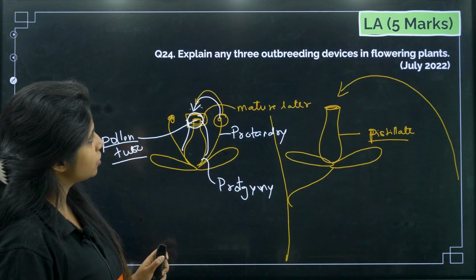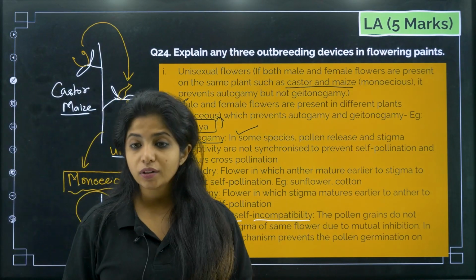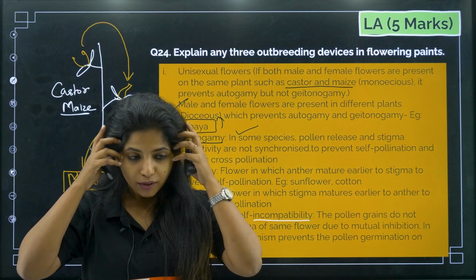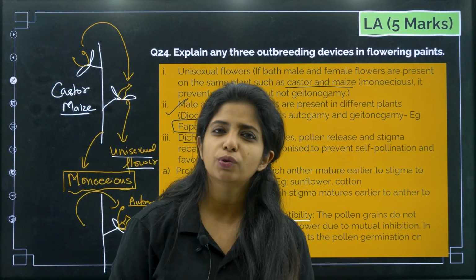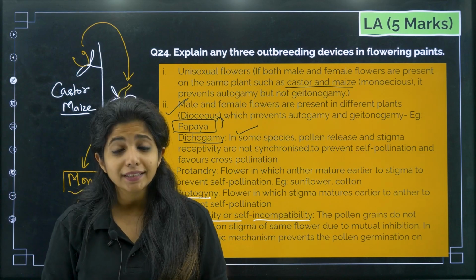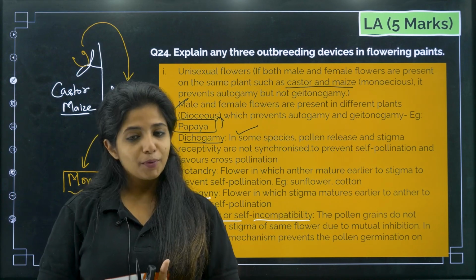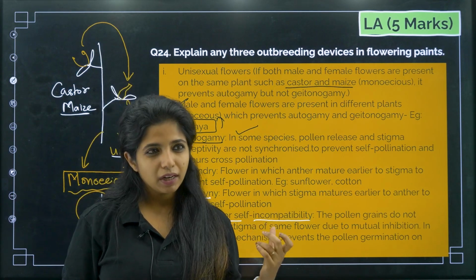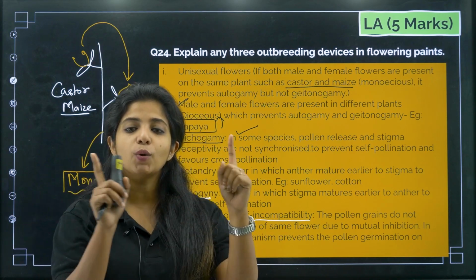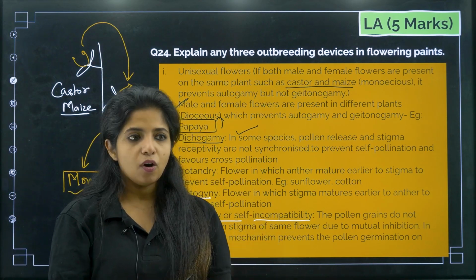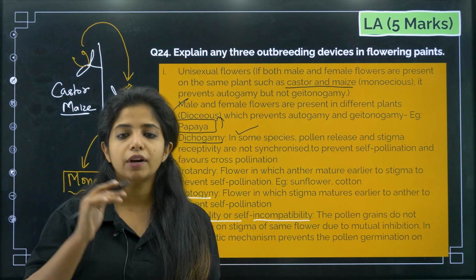So with this, children, we have completed all the questions that have come repeatedly, and I would love to request you to please go through your NCERT and practice diagrams. It is really important. If you mess up the diagram, you might mess up the explanation also. So try to understand the concept and then go with the diagram, or probably with the diagram itself try to understand the concept.